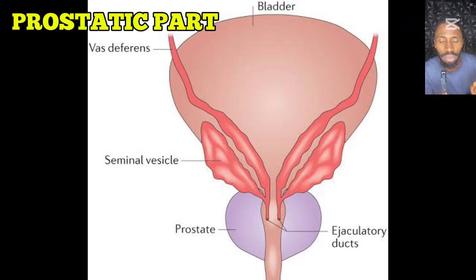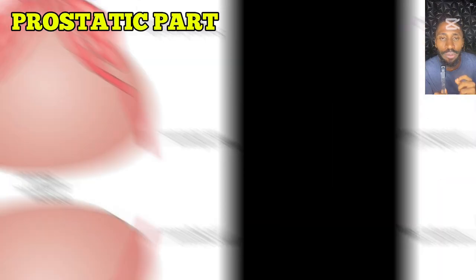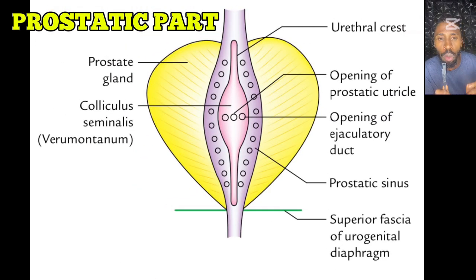Now, by the side of the seminal colliculus, you have 15 to 20 openings called the prostatic sinus, where the prostatic glands release some secretion into the prostatic urethra. So don't forget, you have the urethral crest, in the middle the seminal colliculus, and downward the urethral crest again.